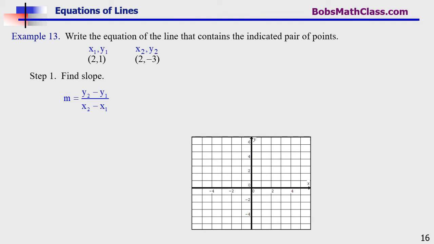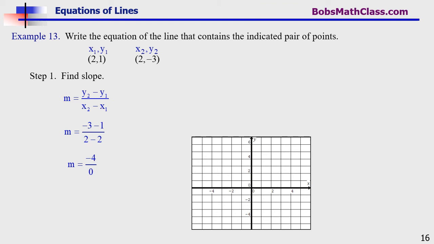Insert those numbers into the formula. Negative 3 minus 1 in the numerator, 2 minus 2 in the denominator, negative 4 over 0. And of course, what is negative 4 over 0? Right, undefined.